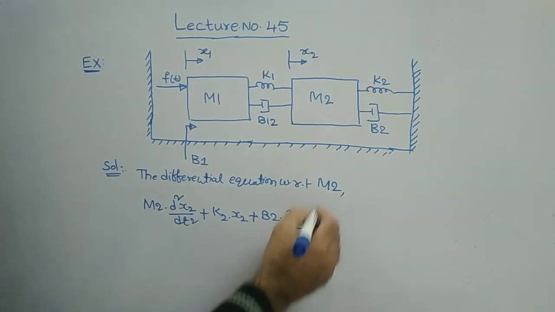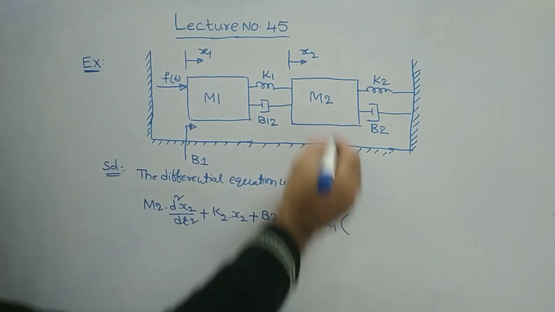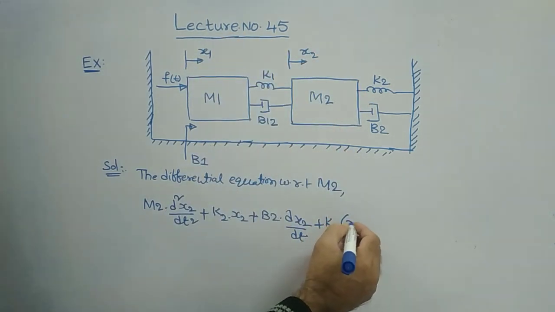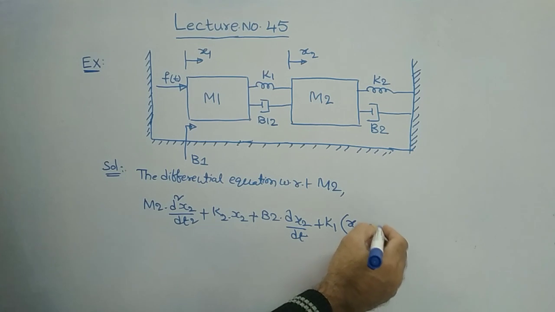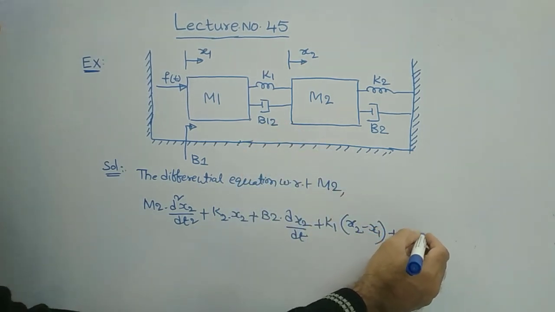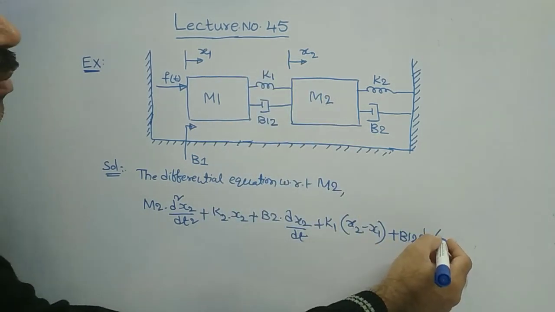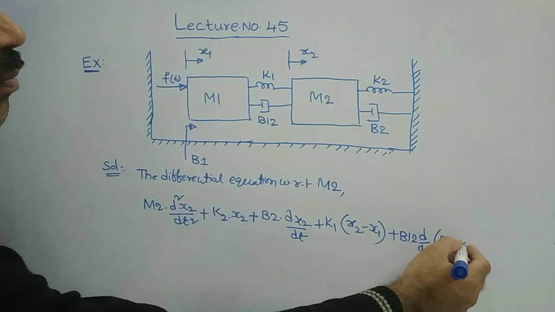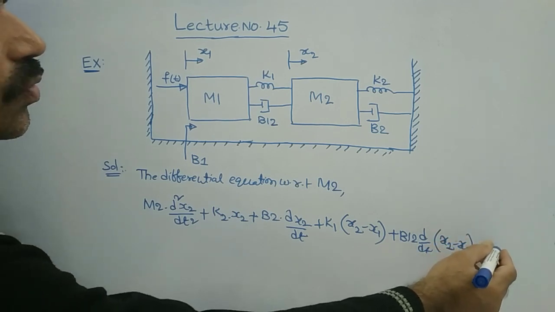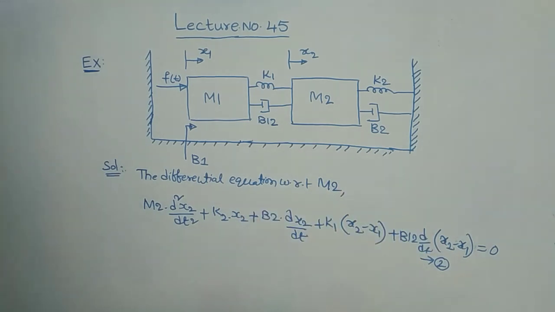Then the common elements: k1 of x2 minus x1 plus b12 d by dt of x2 minus x1, equal to 0. Call this equation number 2. This is the second differential equation.